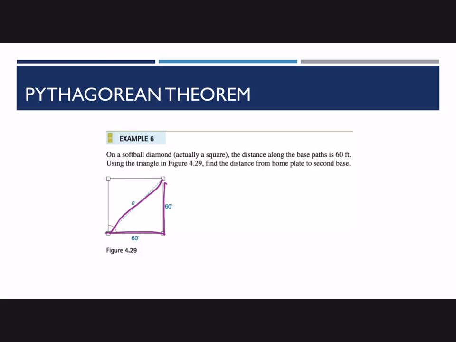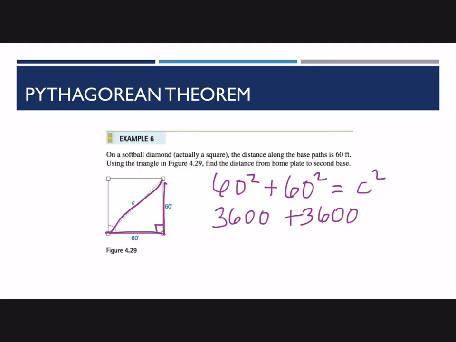So since this is a square, and we have a right angle, we have a right triangle, so we'd have 60 squared plus 60 squared is c squared, and if you square and add those together, you get 7,200.